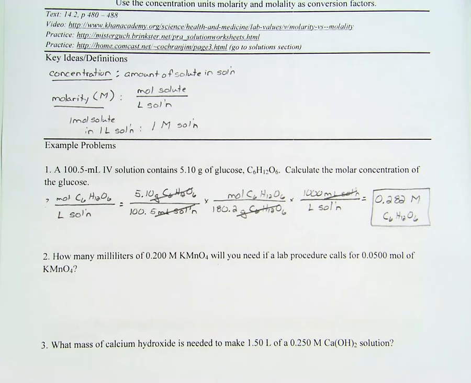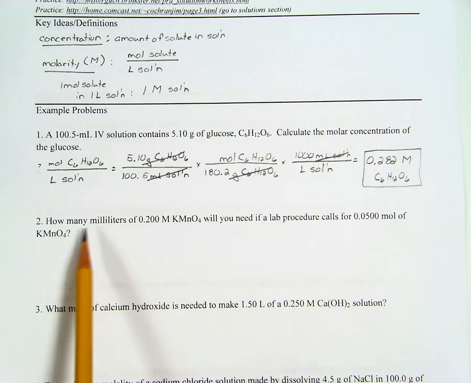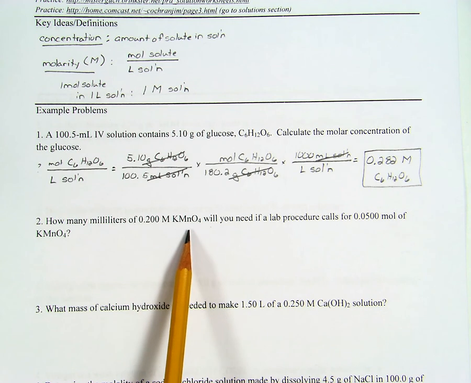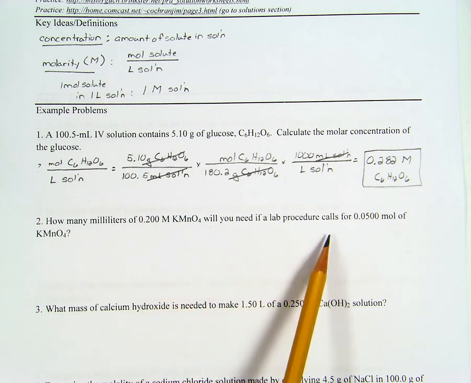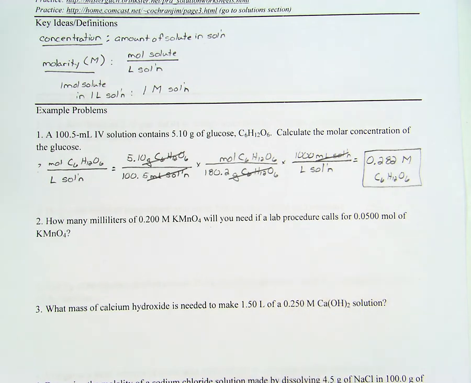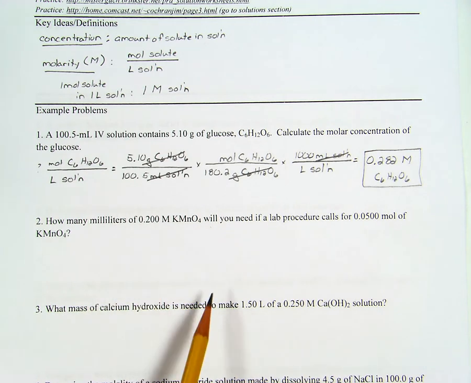Alright, next question, also dealing with molarity. How many milliliters of a 0.2 molar KMnO4, that's potassium permanganate, solution will you need if a lab procedure calls for 0.0500 moles of potassium permanganate? This is a little different than the last one because we're already given the molarity. Okay, we're asked specifically for how many milliliters.